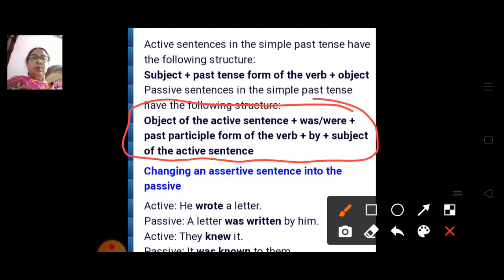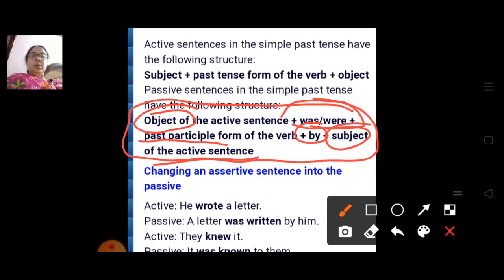Now, first of all, we should always remember the object will be placed in the first place, then was, were, which are the auxiliary verbs, then the past participle will be used, and then by, then the subject of the active sentence, as we have already discussed.